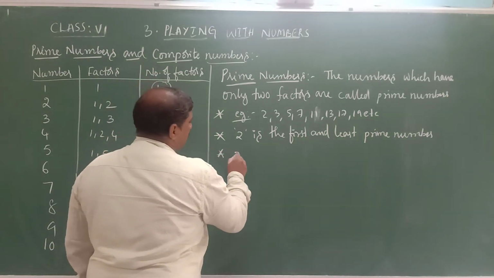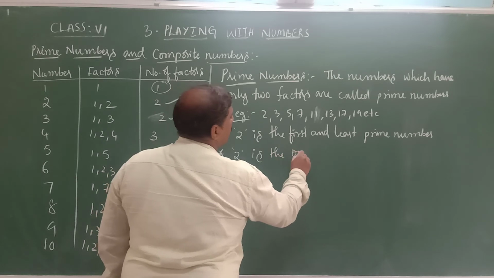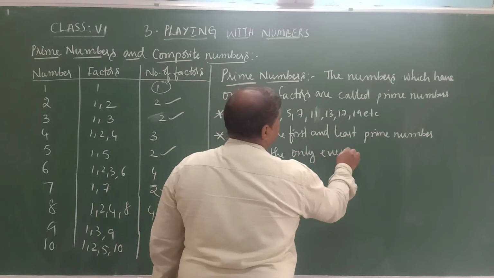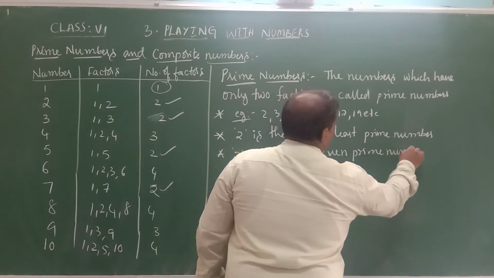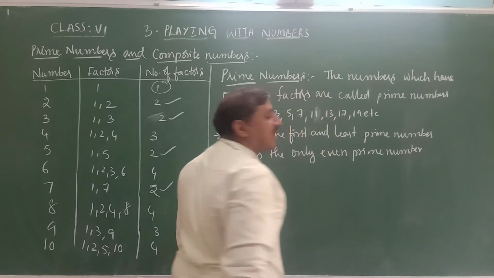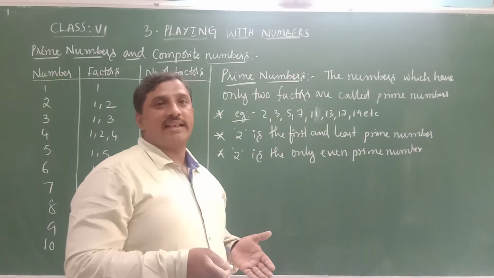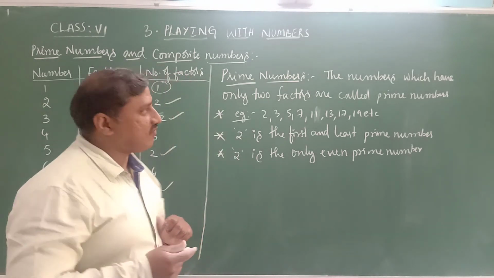Next, 2 is the only even prime number. Now, how many prime numbers are there? There are also endless prime numbers. There is no end. Infinite number of prime numbers are there.